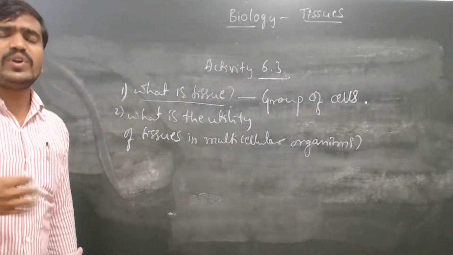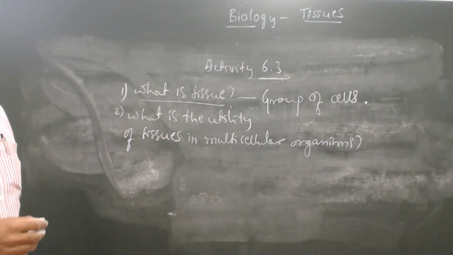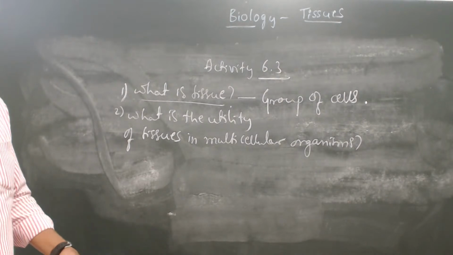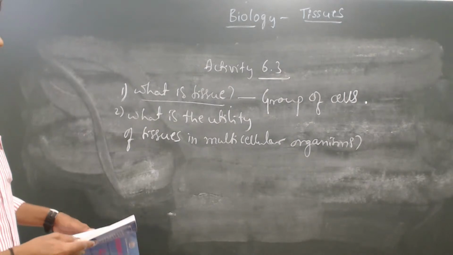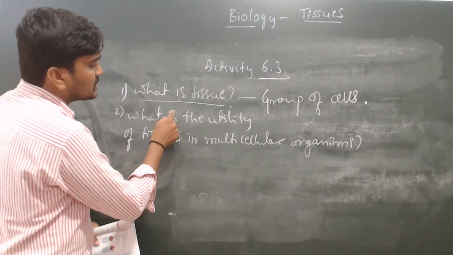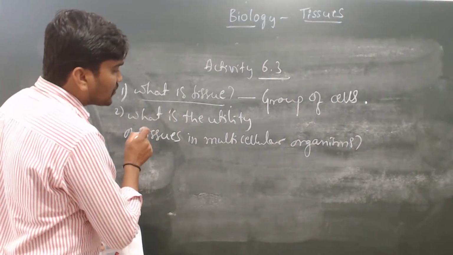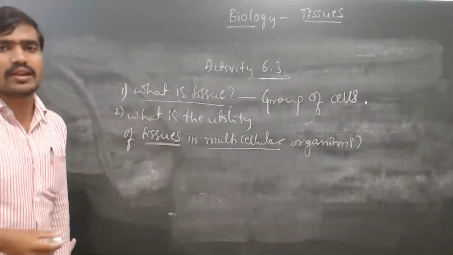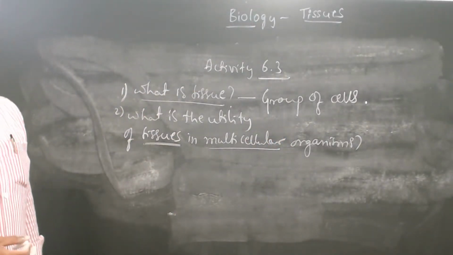Just think, we human beings and animals are multicellular organisms, where we have different kinds of functions, and because of that, we are asking the question: what is the utility of tissues in multicellular organisms? Like, what is the utility?